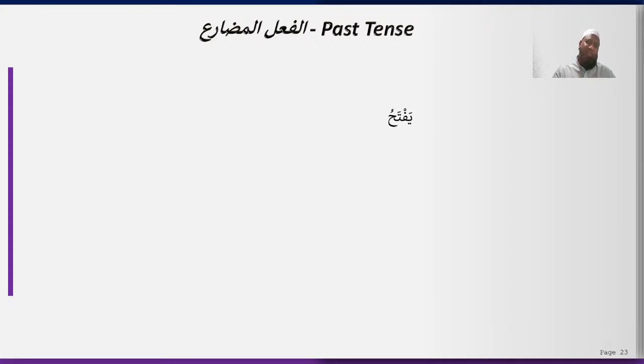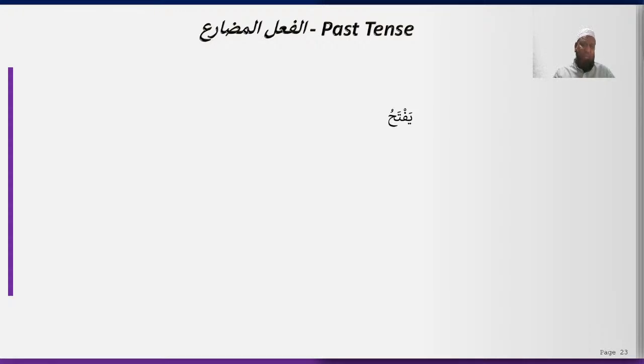So this mufrad siga can have ism dhahir as the fa'il. If we have it, that fa'il will be in rafa case. As we've learnt, the fa'il is marfu'. So if we have ism dhahir, we'll make it the fa'il.